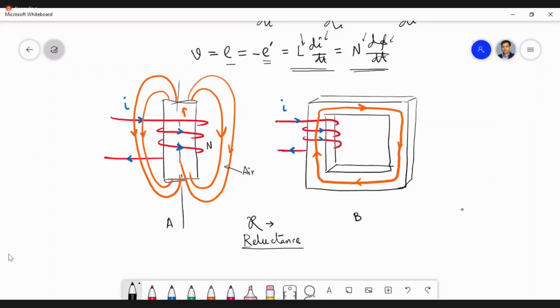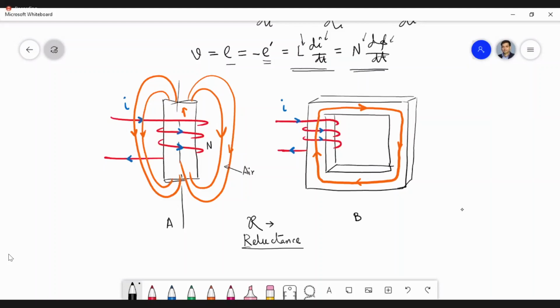That means the flux lines are forced to flow to air. The larger part of the flux lines are through air, and air is not a magnetic material. Air is not a ferromagnetic material like iron.